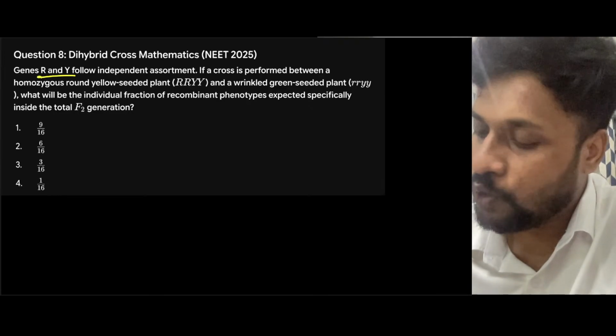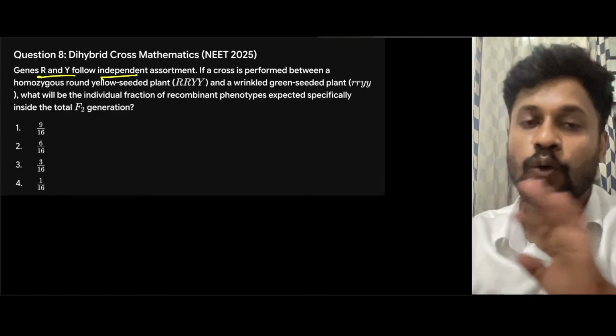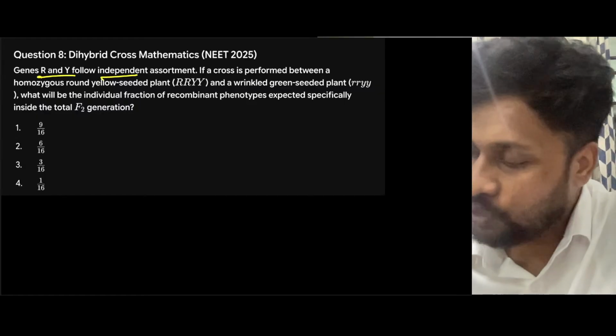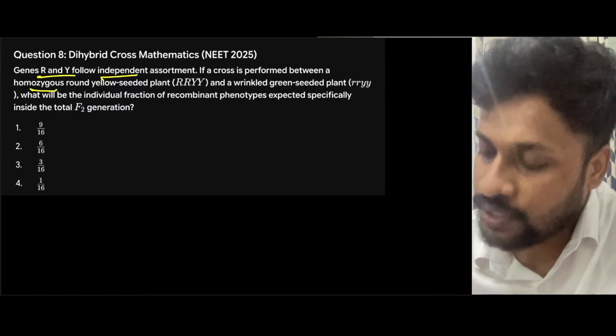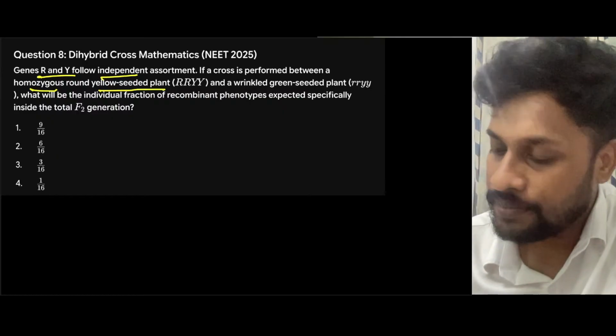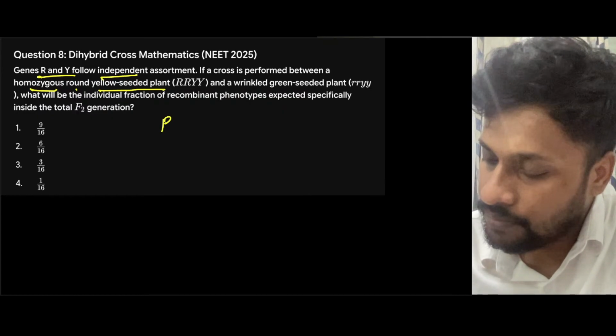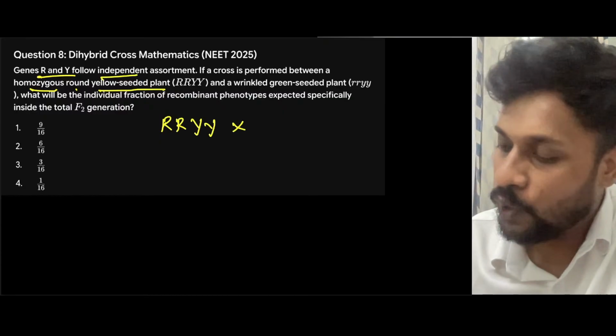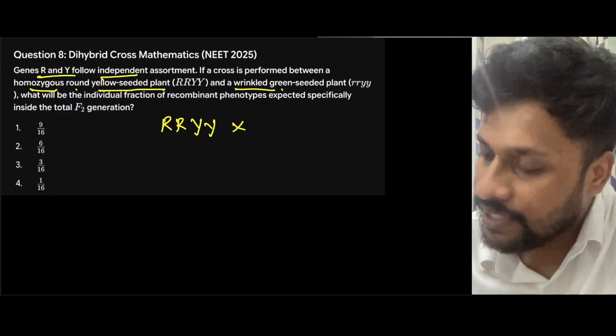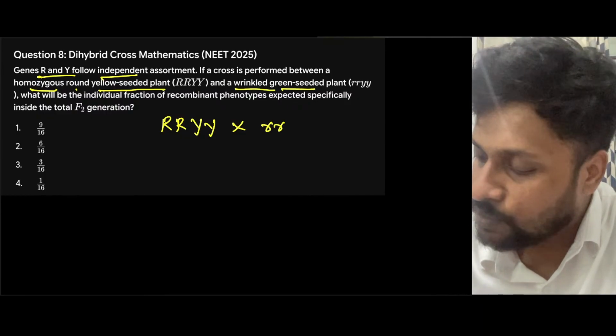Gene R and Y follow independent assortment, which means there is no linkage. Cross performed between homozygous round and yellow, which means capital R capital R capital Y capital Y, with the wrinkled green seeded, which means small r small y.